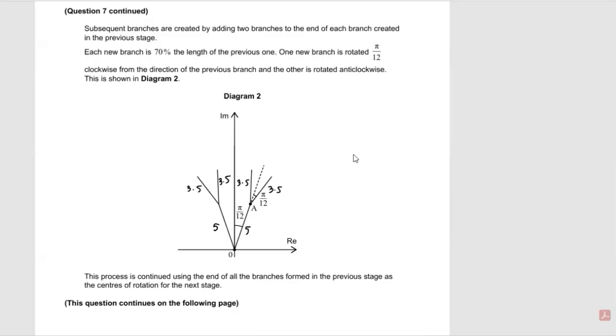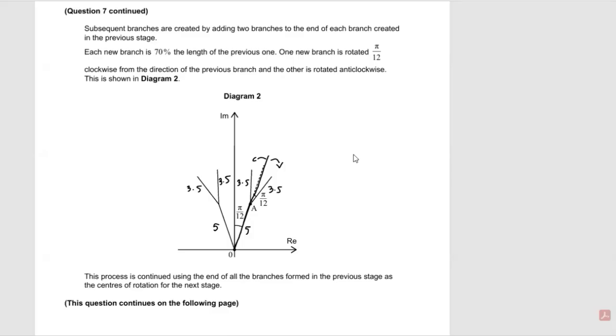One new branch is rotated pi over 12 clockwise from the direction of the previous branch, and the other is rotated anti-clockwise. This is shown in the diagram. So the previous branch, you can take a look at this. This is the same direction, but now it's rotated either way. Well, that's a unique kind of question.